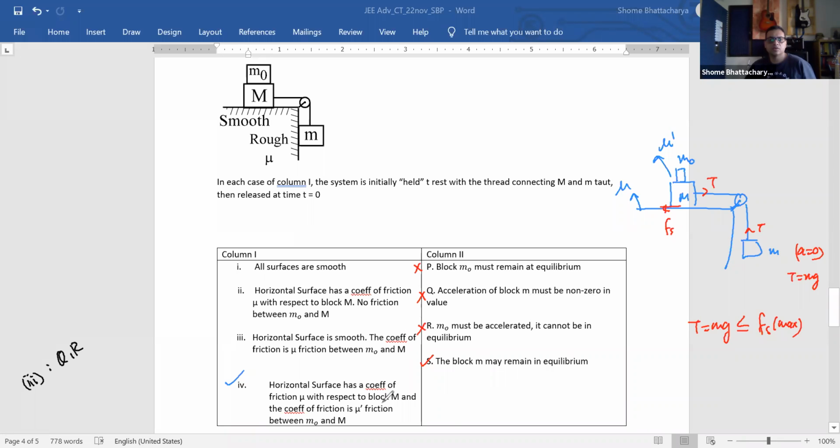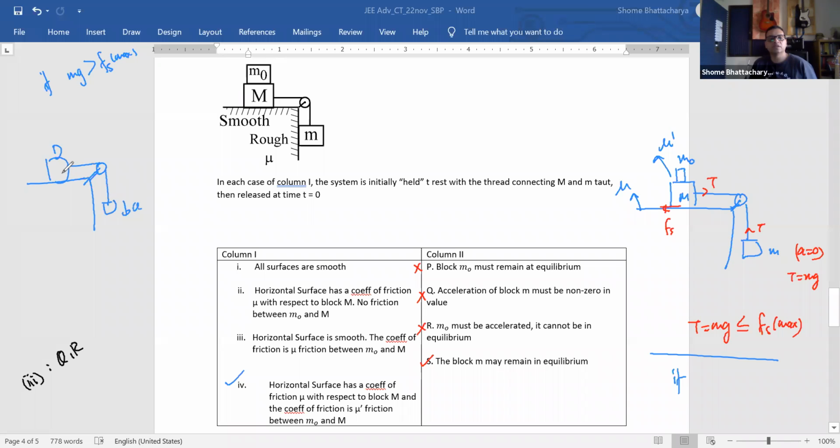Okay, so straight away by elimination only you can see that this is what is happening, but we can also see what other possibilities are there. If there is acceleration in the system, then if, on the other hand, that small mg is greater than the maximum static friction at the floor over here, then what will happen is that again this will happen.